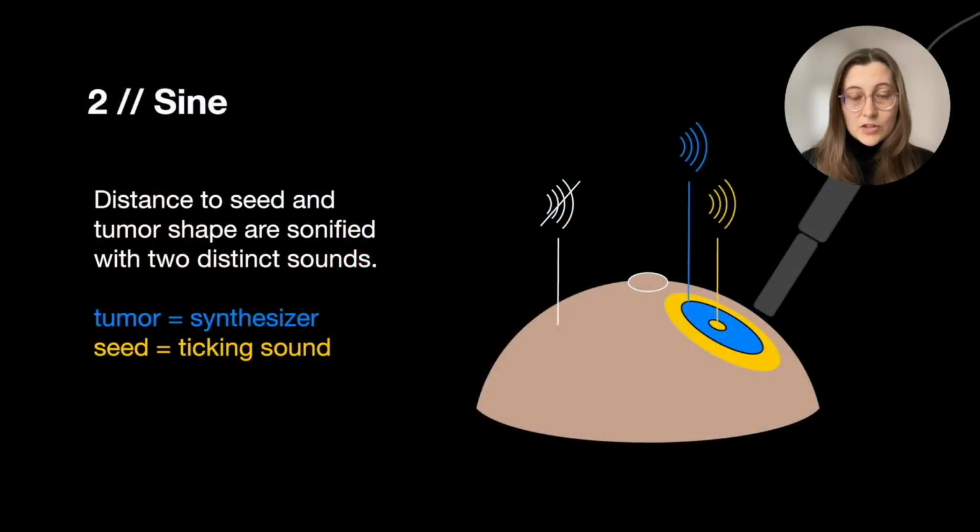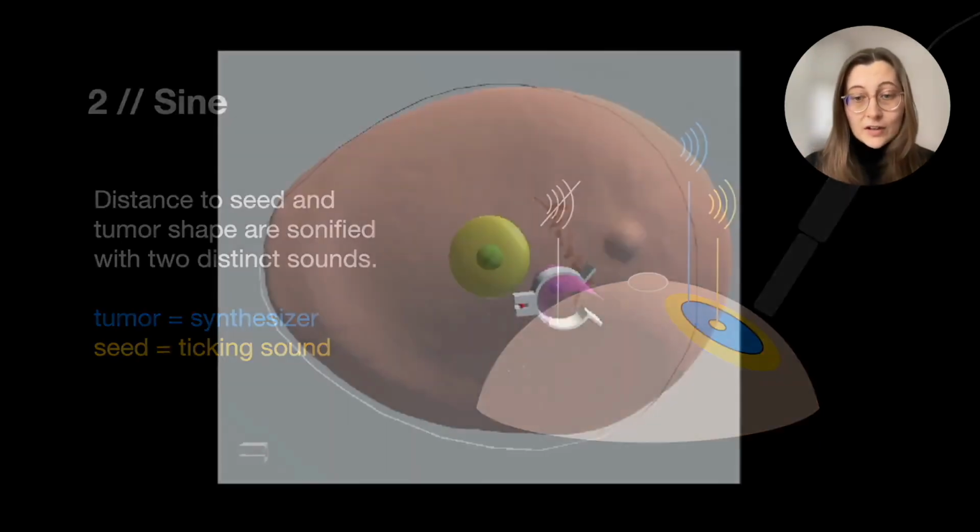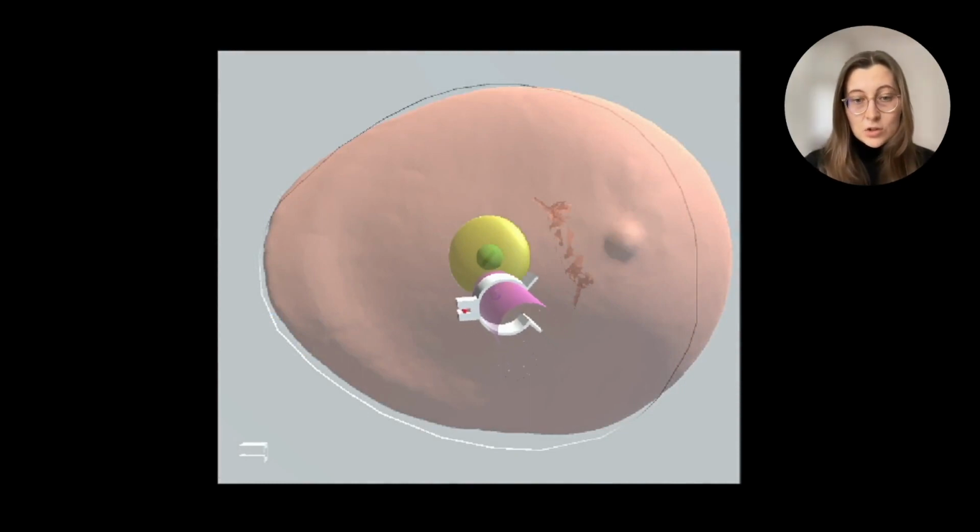Like synth, the Tsai sonification again provides feedback on the distance to the seed and the tumor shape with two distinct sounds. However, this time, the seed is already audible within a wider range around the tumor area to make initial localization quicker.